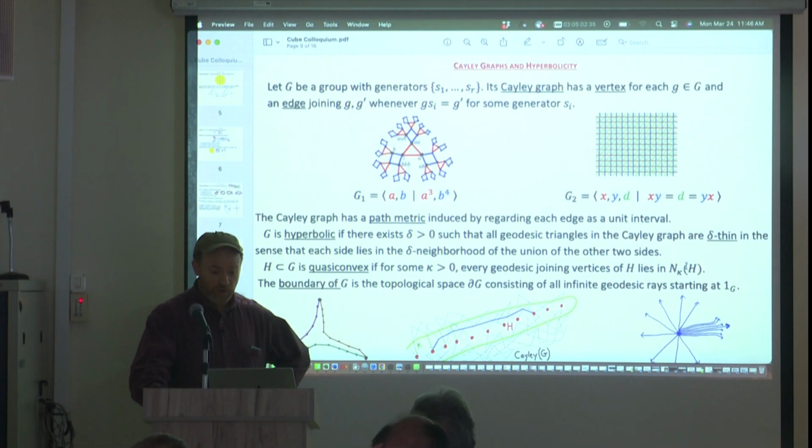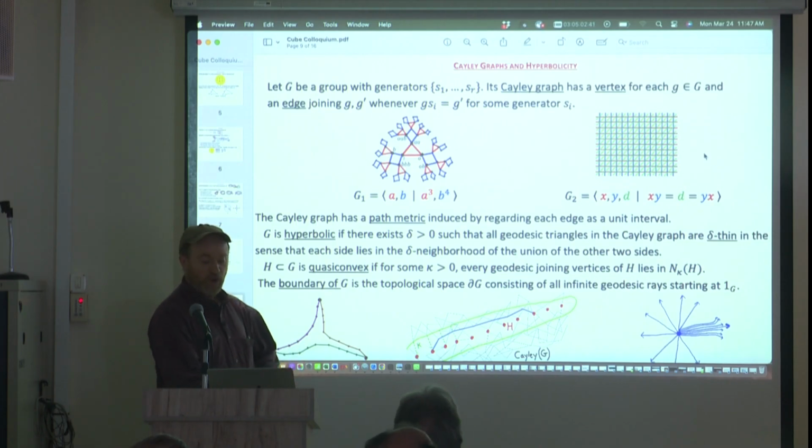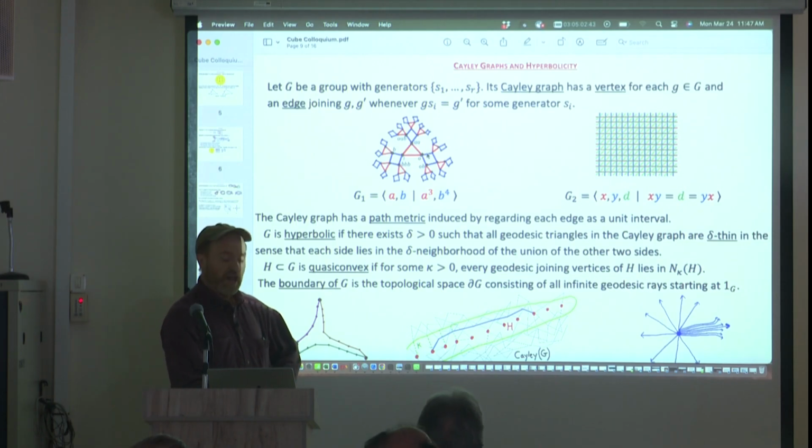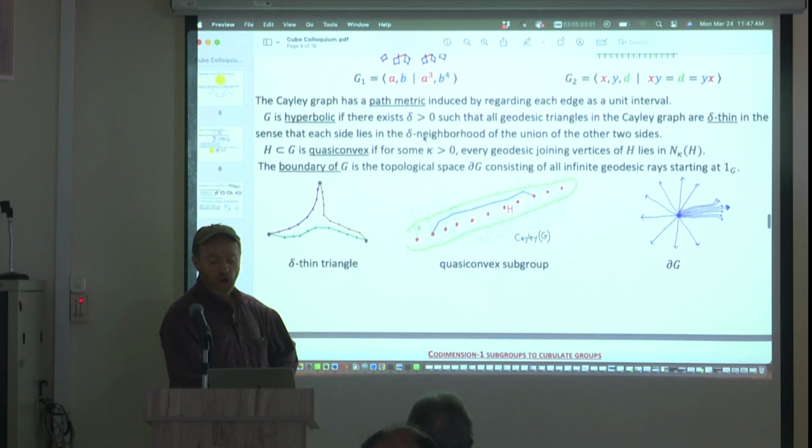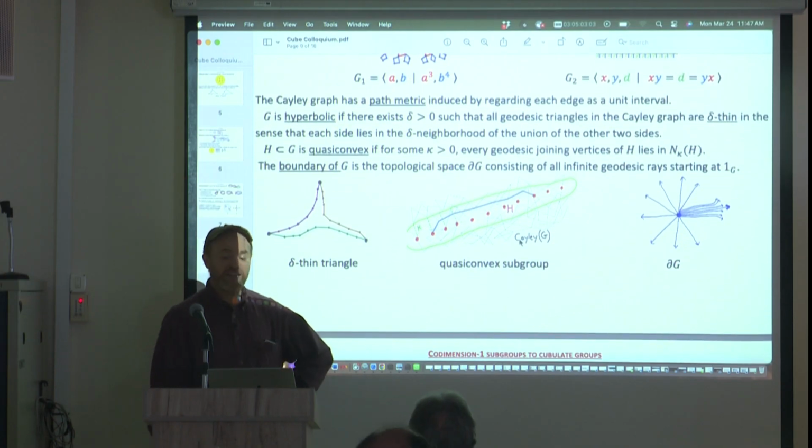Cayley graphs, we know, if you have a group, you can turn it into a geometric object by having a vertex for every element, and if you've chosen generators, you join g times a generator to the product. Right, that's how you get a Cayley graph.